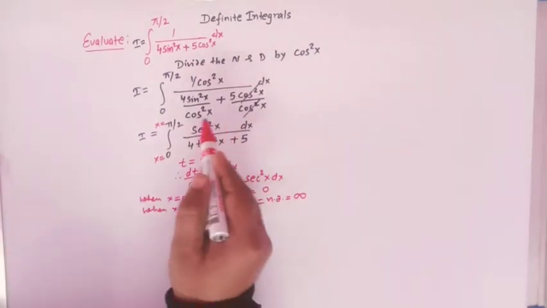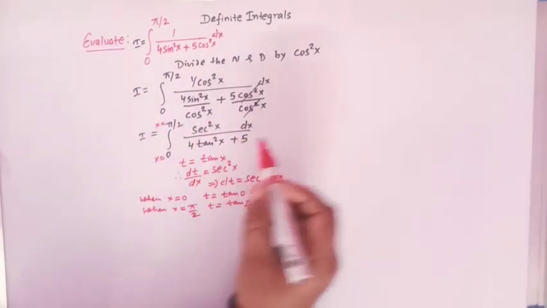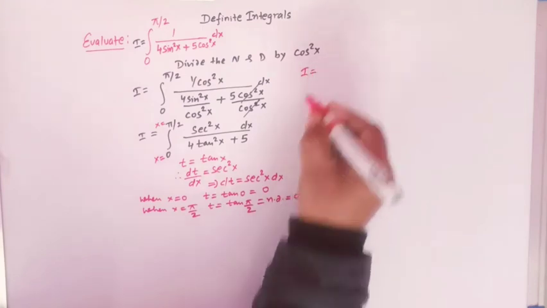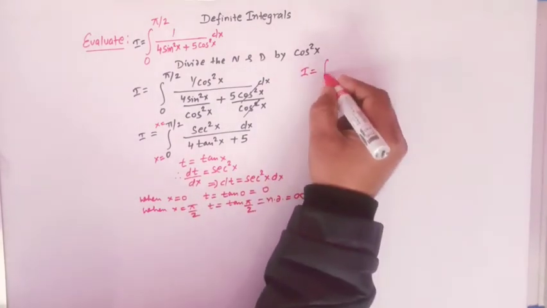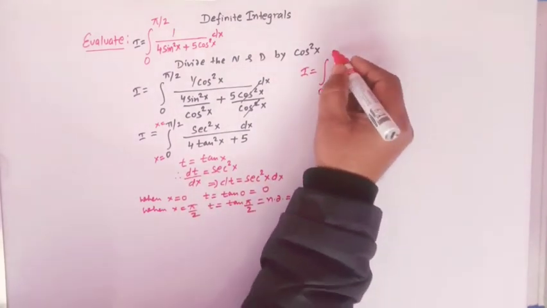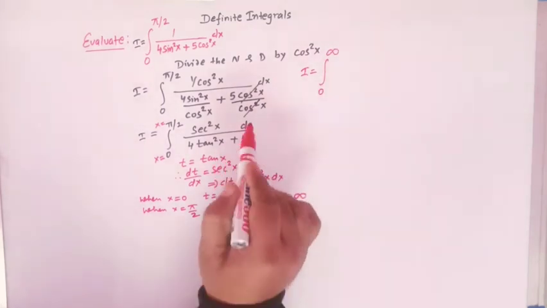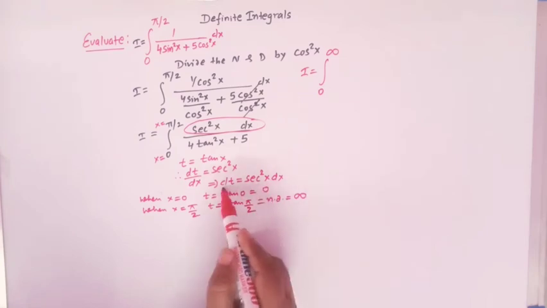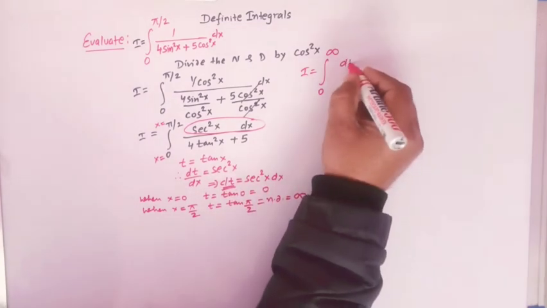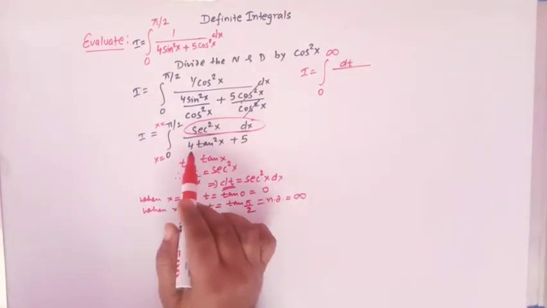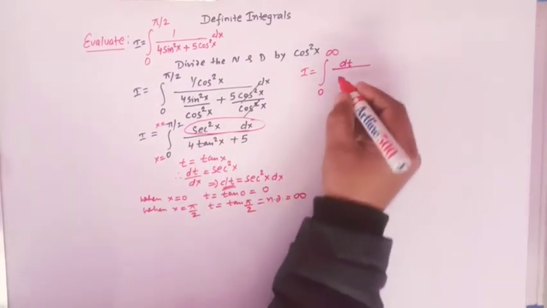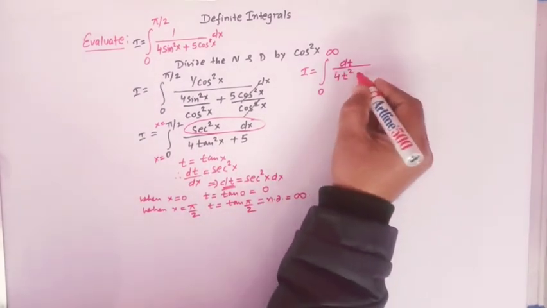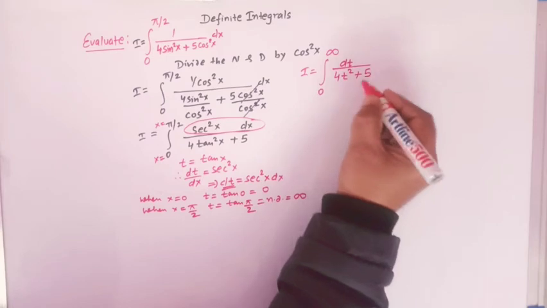So now we can change this integral I in terms of t. So we have 0 to infinity, and for this sec square x dx we have dt. So here we have dt, and in the denominator we have 4 t square plus 5, right?